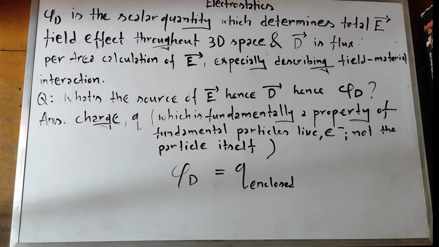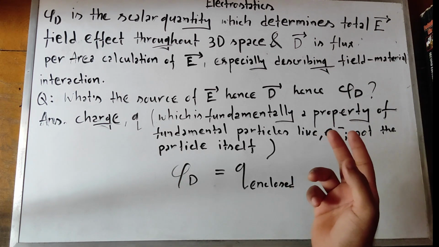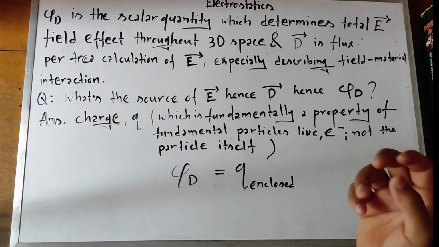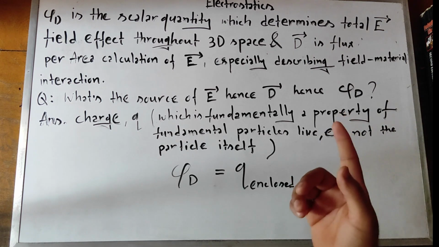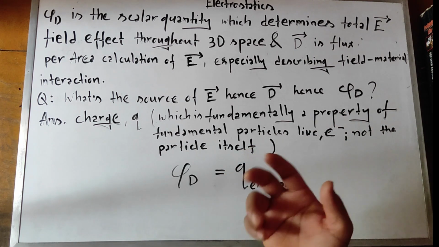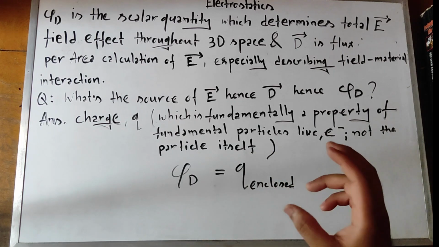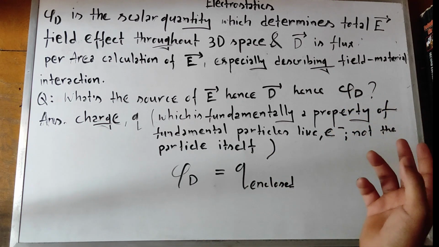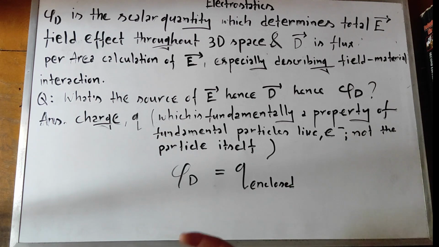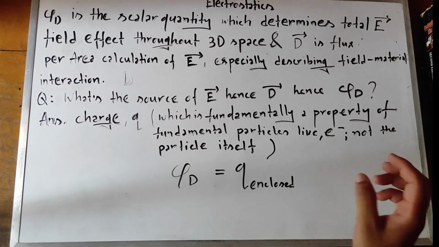It is a direct calculation. Flux density D, total flux per area, is the calculation of electric field intensity, which especially describes the field-material interaction. Flux density especially describes the field and material interaction, because in my previous video I discussed a little bit about permittivity, electric permittivity.